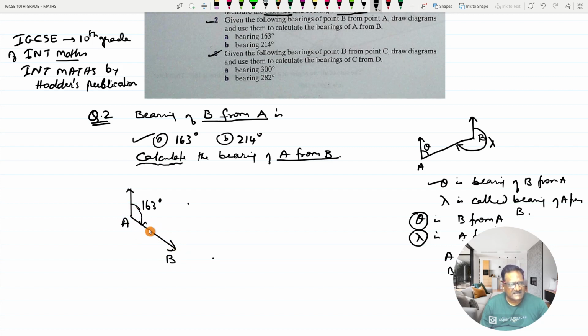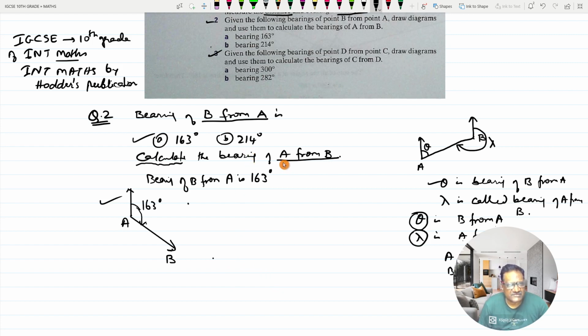But the bearing of B from A is 163 degree. This has been the diagram which is showing you that.